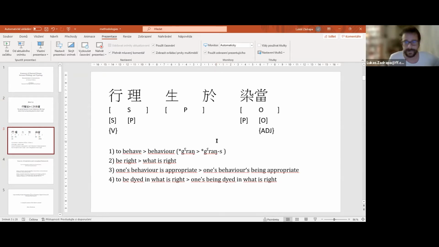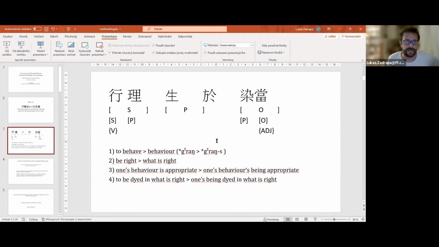That is the problem: these various degrees of nominalization are sometimes called by different terms, or when one speaks about nominalization in Chinese, he has in mind very different things. So it may be one of these three levels, or all three levels, and so on.